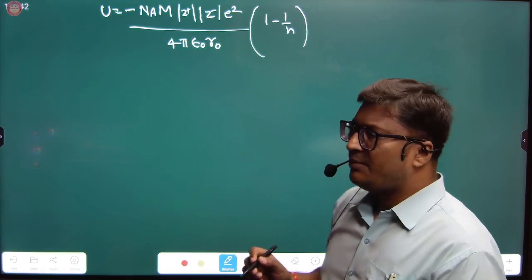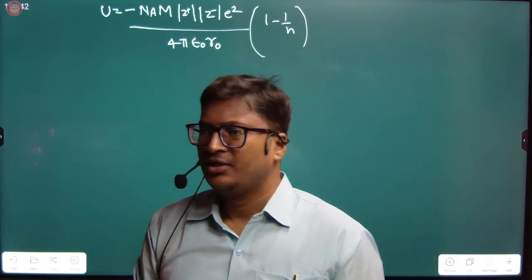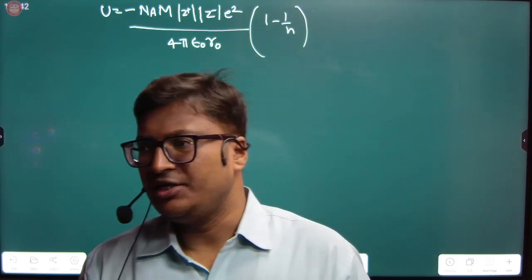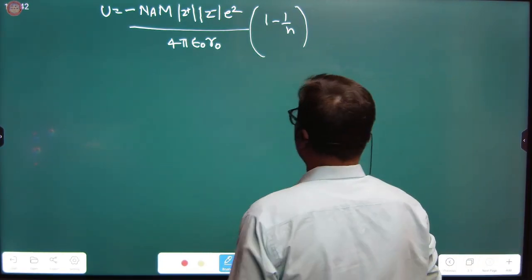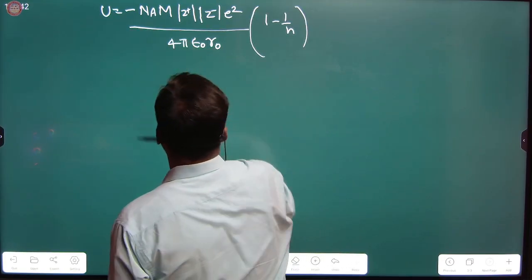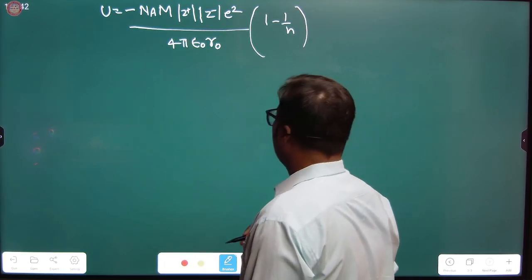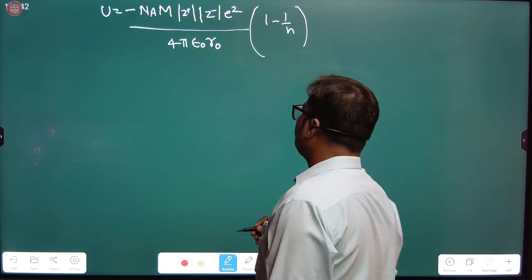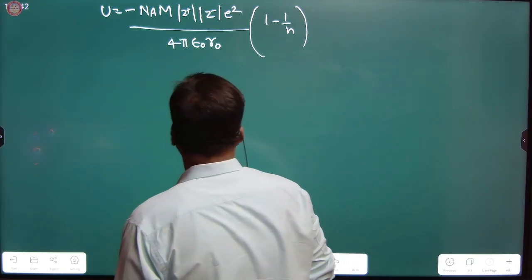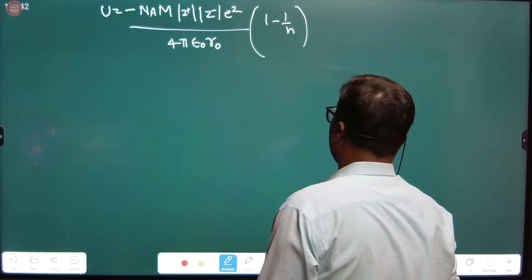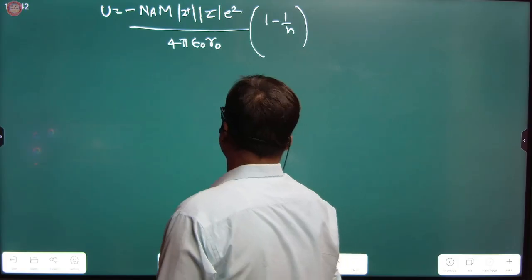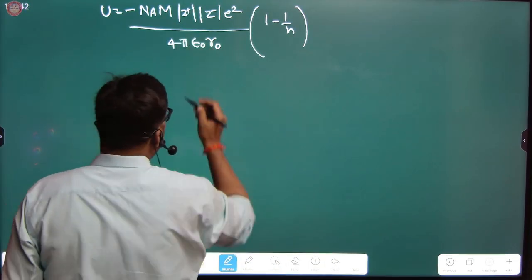So in case of ionic compounds, the number of ions in 1 mole will be multiplied in this equation. And the Madelung constant varies for different lattice structures, and also the charges of cation and anion.